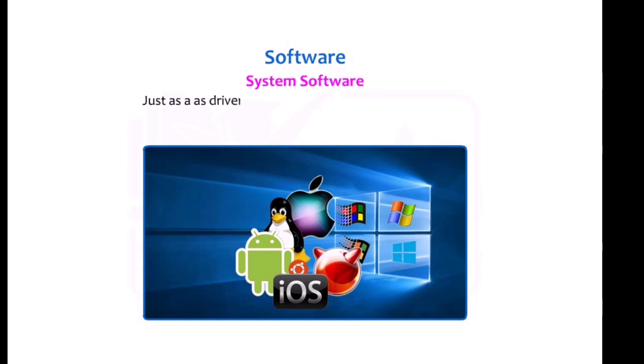Just as a driver drives the car or a pilot flies the plane, similarly, an operating system helps to run the computer. It manages all the input and output operations. It is the first program to decide an access for the user in a computer system.